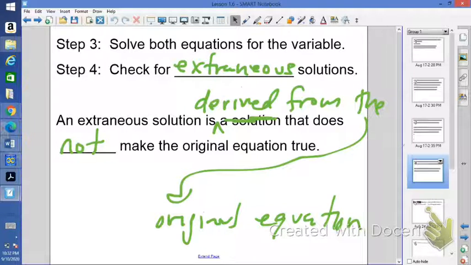An extraneous solution is derived from the original equation but does not make the original equation true.